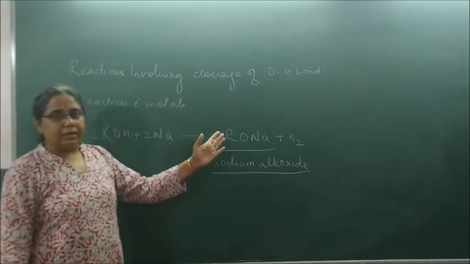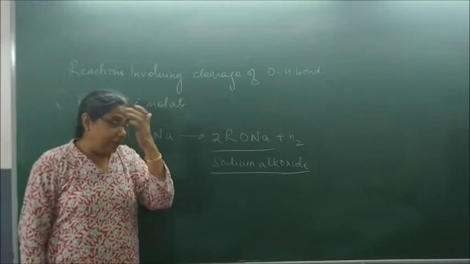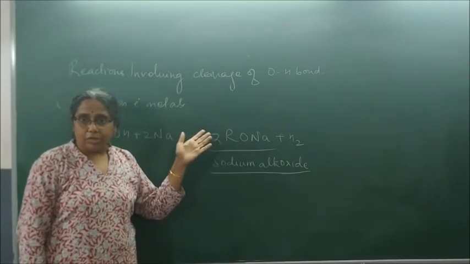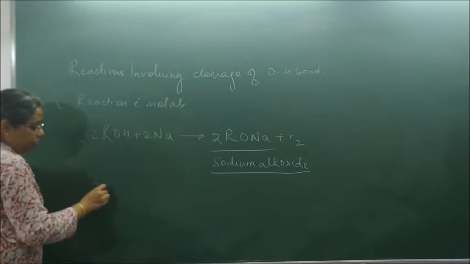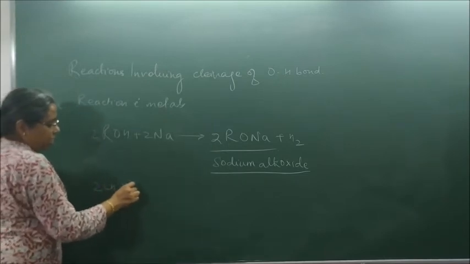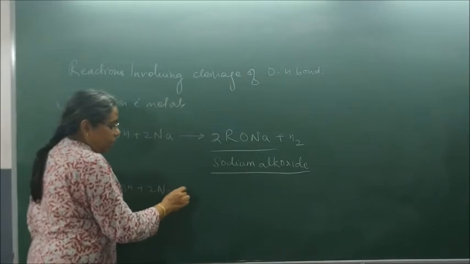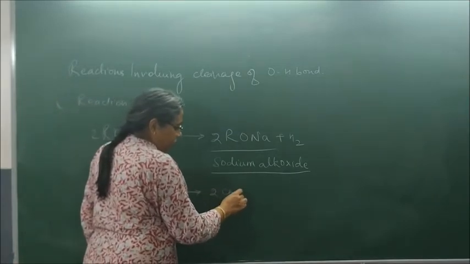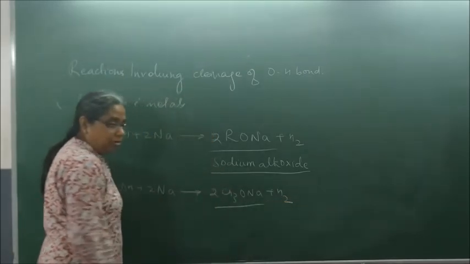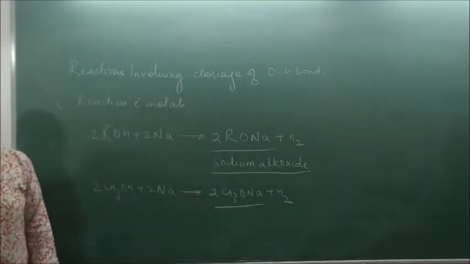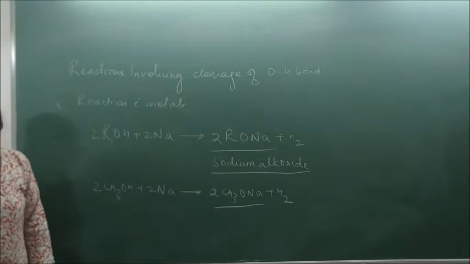If I take the alkyl group as C2H5, it becomes sodium ethoxide. Let us take a reaction. I will take CH3OH, 2CH3OH plus 2Na gives what? 2CH3ONa plus H2. Name of the compound? Sodium methoxide. And it liberates what? Hydrogen gas.